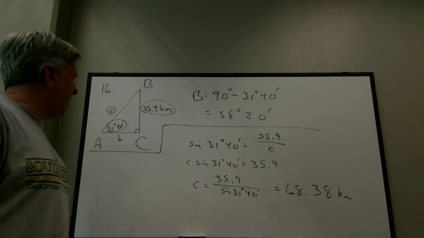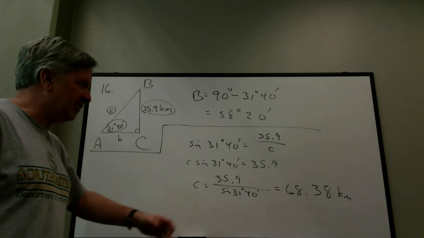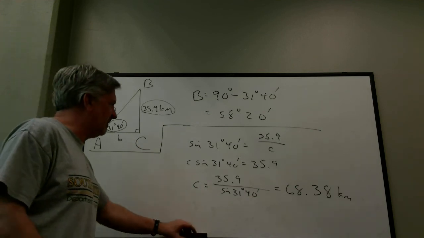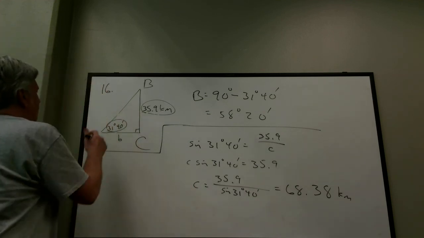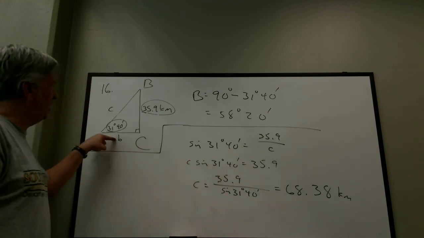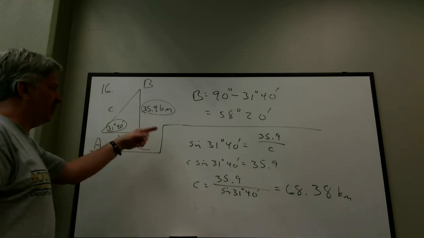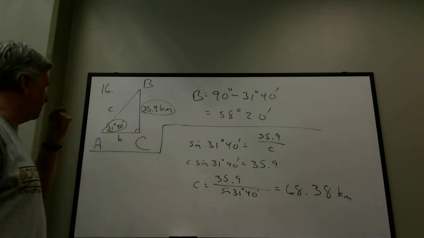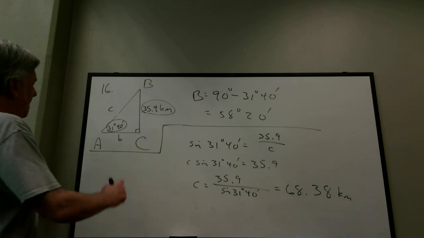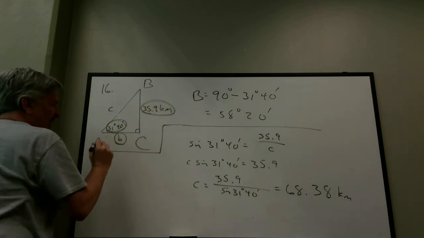Now, I could use Pythagorean theorem to find B, and it's fine if you do, but just to practice this new procedure, let me just do it that way. Now, if you want to use side C to help you find side B with the procedure, that's fine, right? I like to choose what was given because that answer is rounded. I don't want to round on the rounding. Sometimes you have to, though. So I'm going to pick the angle that was given, the side that was given, and side B, which I don't know.